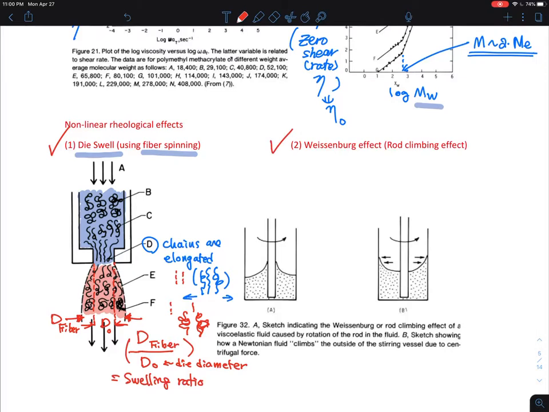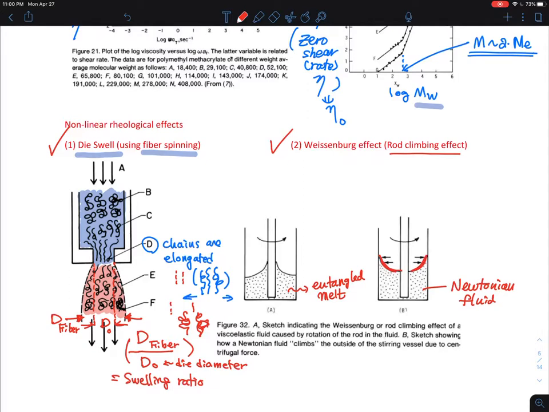The second one is the Weissenberg effect, the rod climbing effect, and if you search YouTube for videos on the Weissenberg effect, there are some people who show this. So you put in a melt, essentially an entangled melt or polymer solution. If it is a Newtonian fluid, just like water, due to the centrifugal force, you have a meniscus climbing up this way.